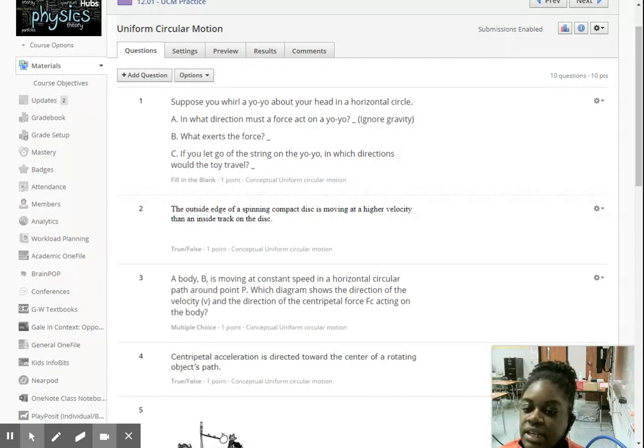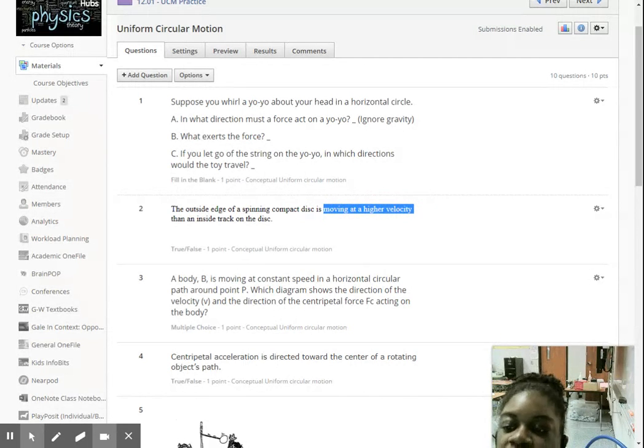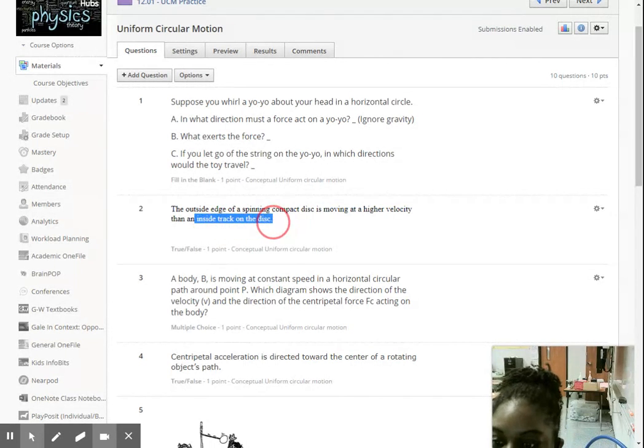Now, if you look at the outside edge, their speed is going to be lower because you still have this big radius and you don't have a lot of force coming into it. So this is going to be false. The outside edge is not moving at a higher velocity. No, it's not. It is the inside that's going to be moving at a higher velocity.